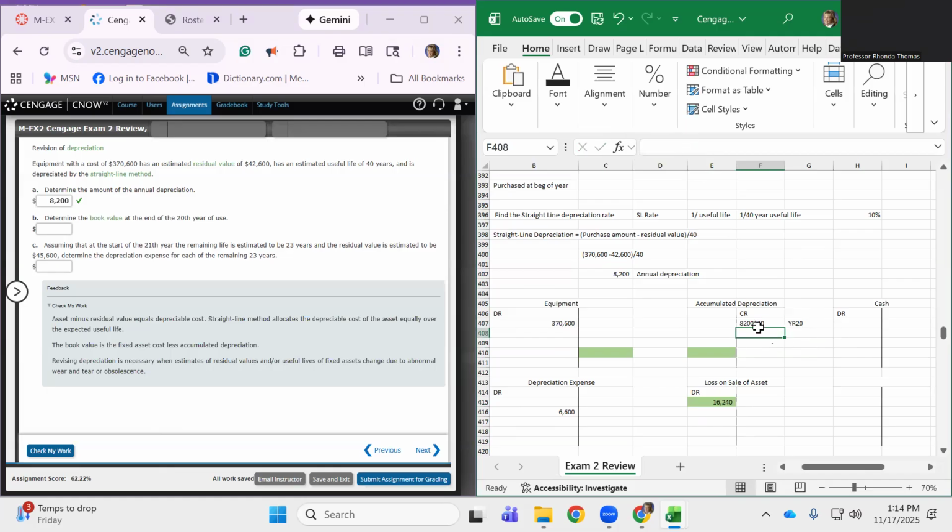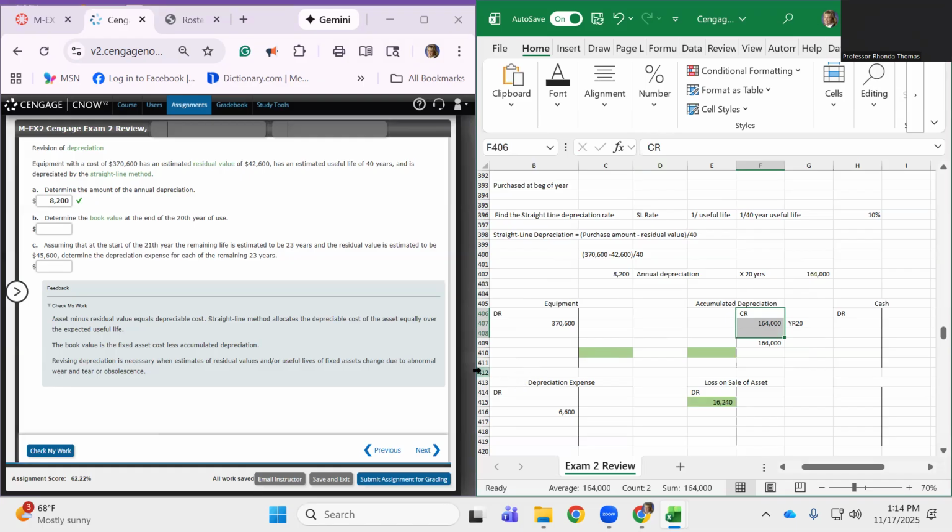So 8,200 times 20 means that they would have accumulated depreciation of 164,000.